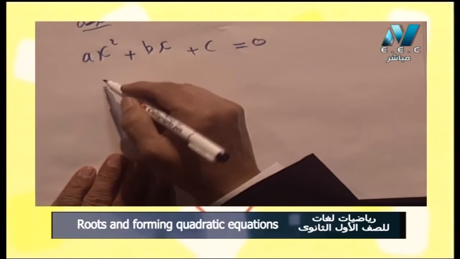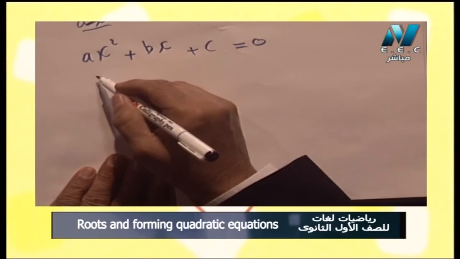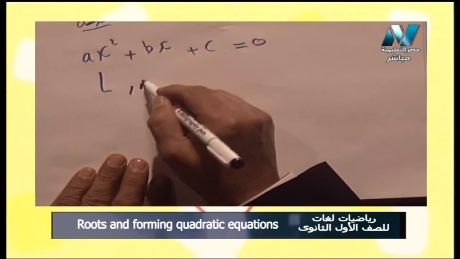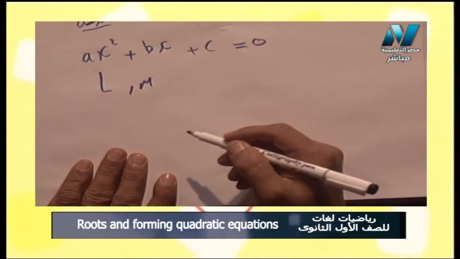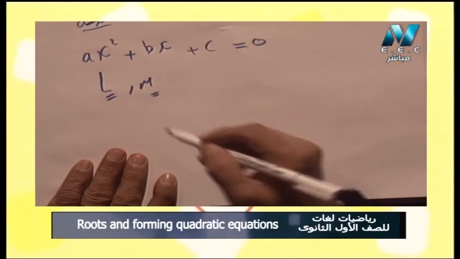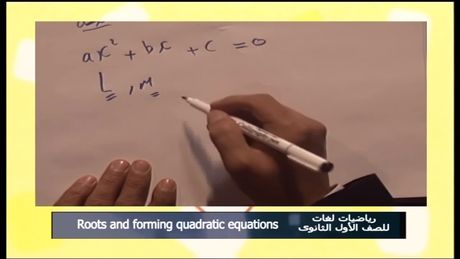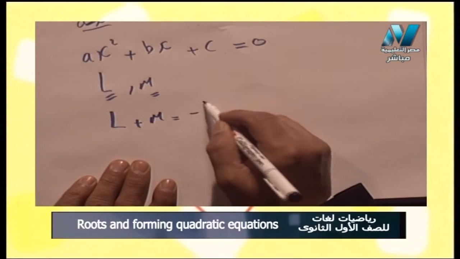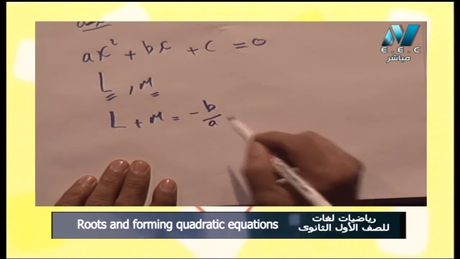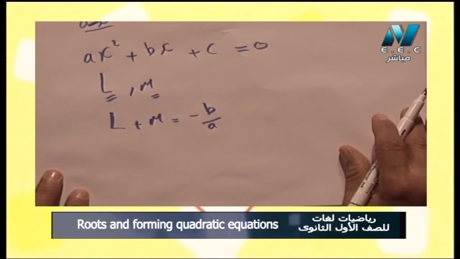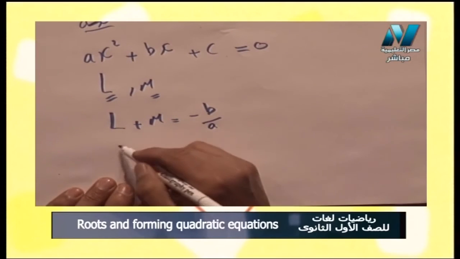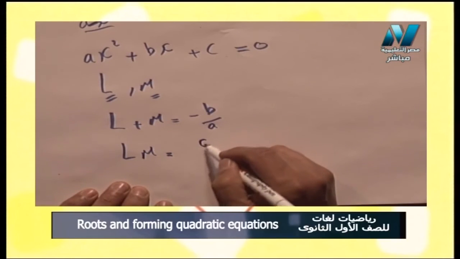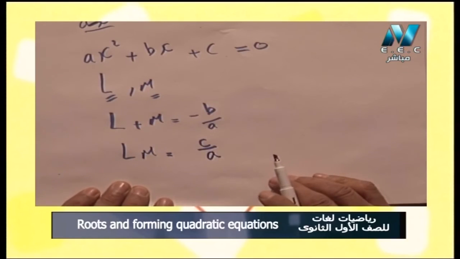Let the two roots be L and M, not alpha and beta; it's up to you. The two roots here are L and M. We know that L plus M equals -b over a, and LM, which is the product of the two roots, equals c over a.